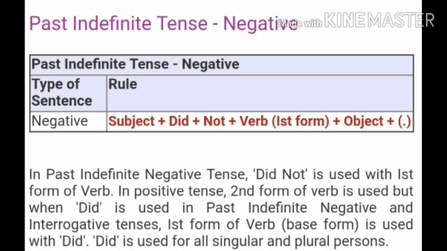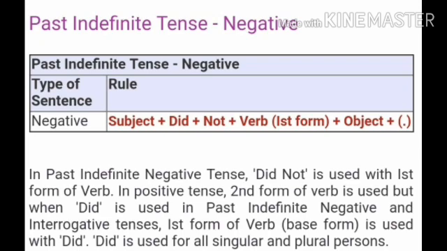Now see how we can form negative sentence by using past indefinite tense. The first thing that we are going to use in negative sentence is the same as was in the positive ones, that is subject, and after that when we have to use not, we have to use any helping verb.